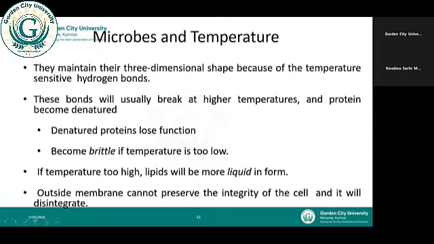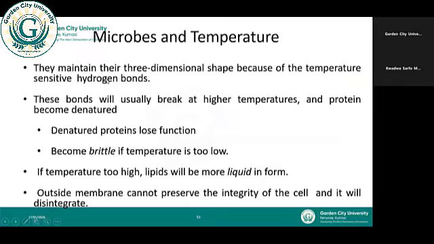So temperature is very important to maintain the three-dimensional shape of these macromolecules: the DNA, the RNA, the proteins. The proteins are responsible for the activities within the cell. They control all activities because once the protein is synthesized, the genes have been expressed.